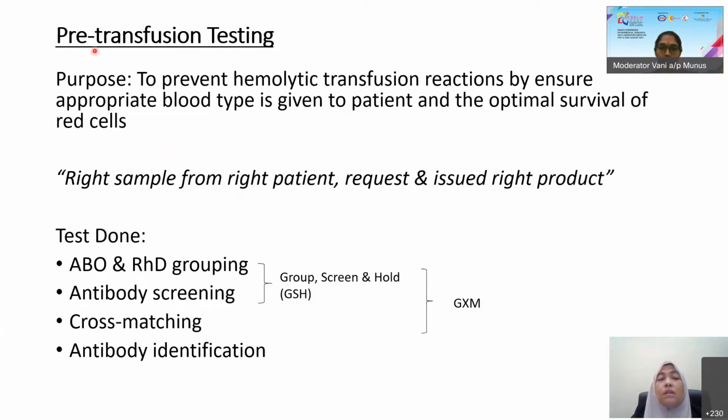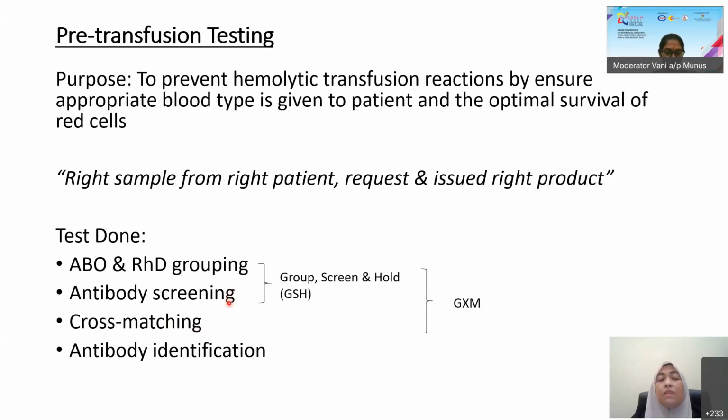The pre-transfusion testing includes these tests: ABO/RhD grouping and antibody screening. Both tests are usually called group, screen and hold, also known as GSH. When the patient needs transfusion, only then do we perform the cross-matching, also known as group, screen and match, GSM.